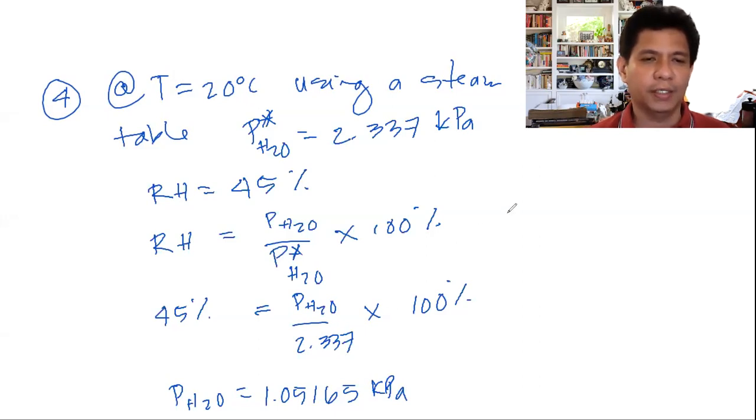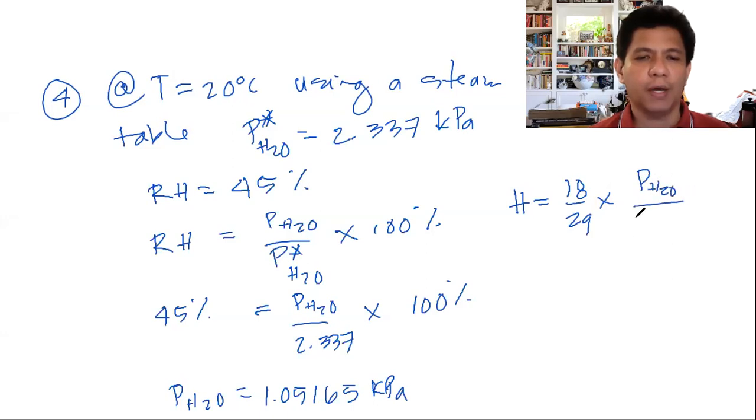Tapos, let's try. Now, we can now calculate humidity. Humidity is 18/29 times pH2O divided by P minus pH2O. So, humidity is 18/29 times pH2O, which is 1.05165.